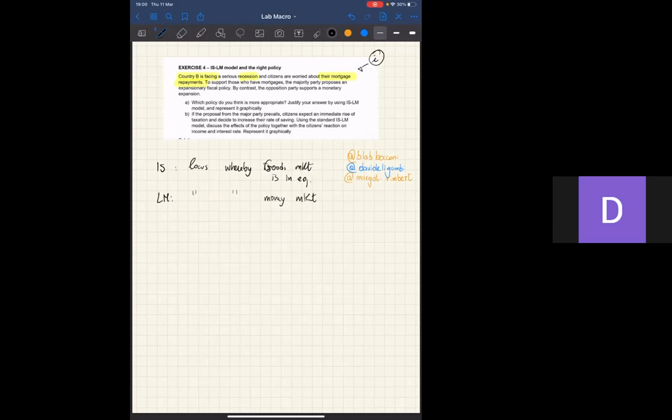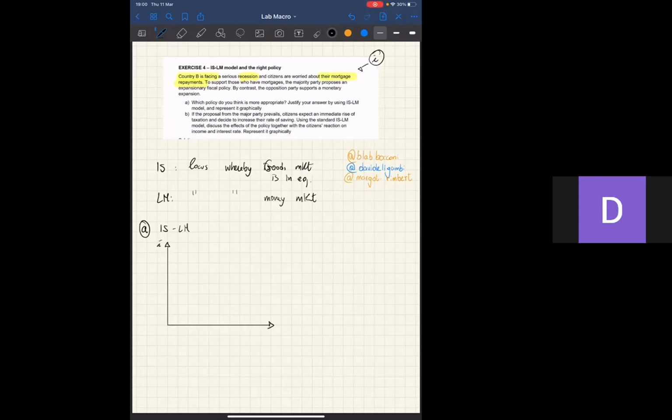The first one is, which policy do we think is more appropriate? And we have to justify it, obviously, by using the IS-LM model. So starting off, if we look at the IS-LM model, real quick, we'll just draw our initial equilibrium, which should be something like this.